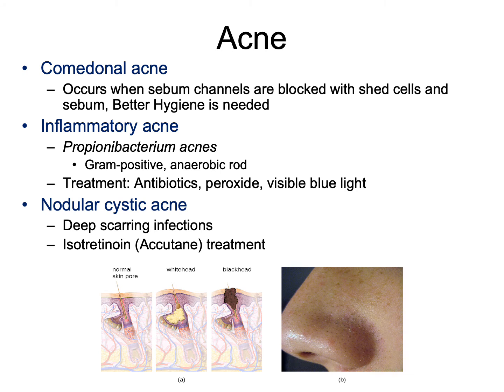It is a specific medication for this specific type of acne, nodular cystic acne. It's not just where the pores are clogged. There are other things that are happening within this type of infection that is occurring.